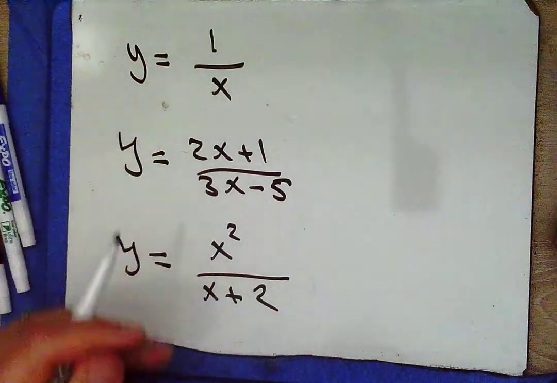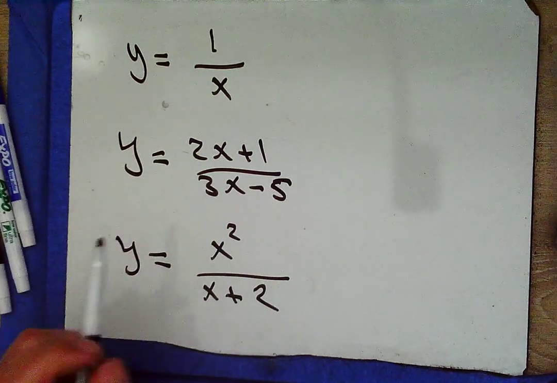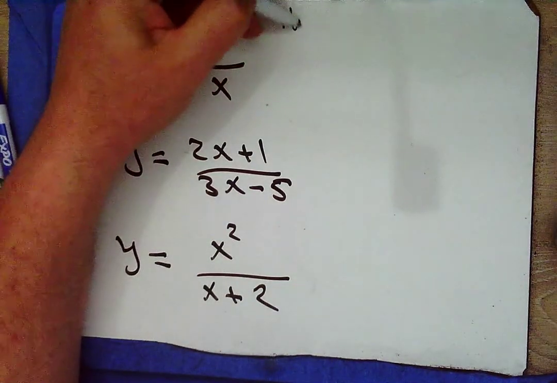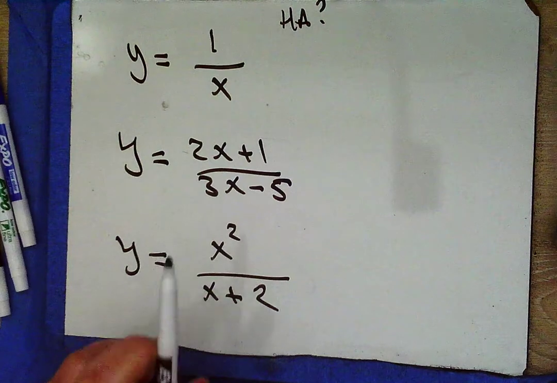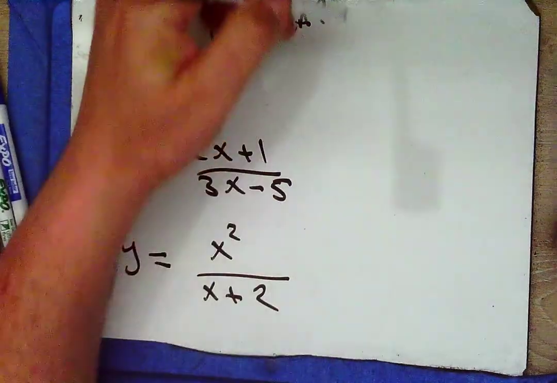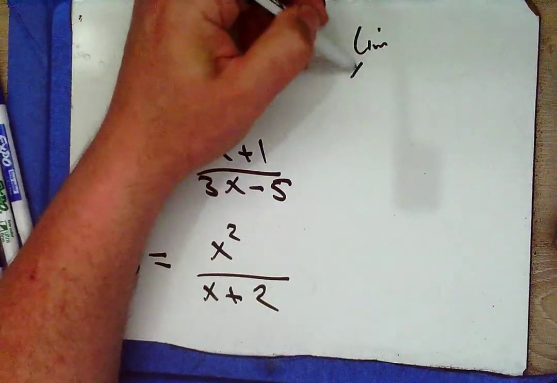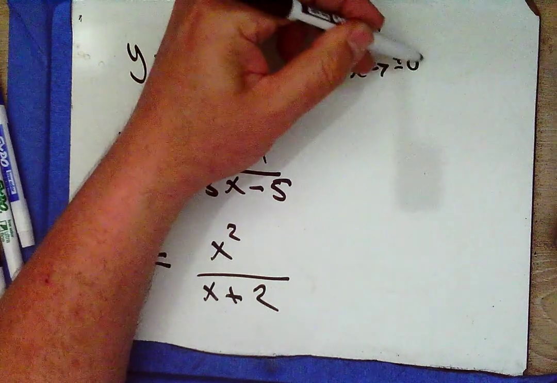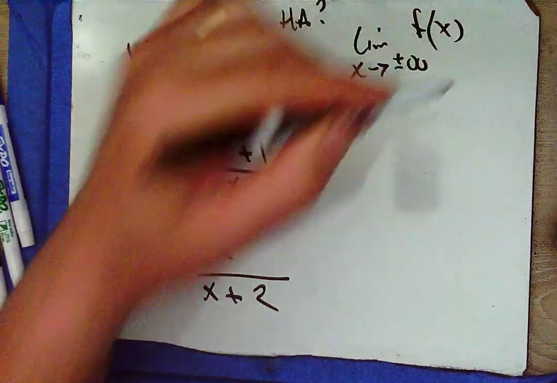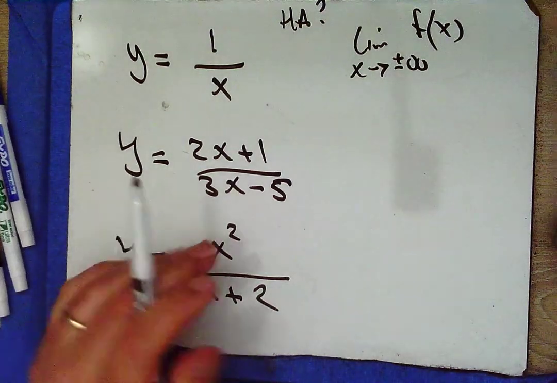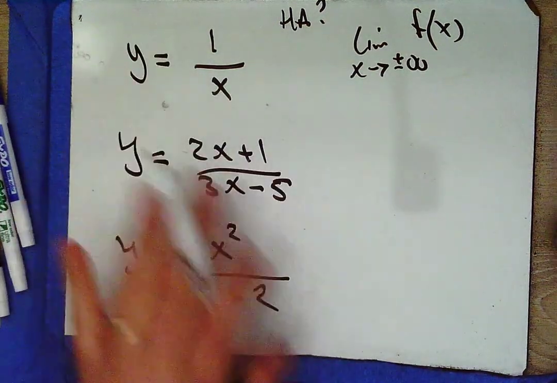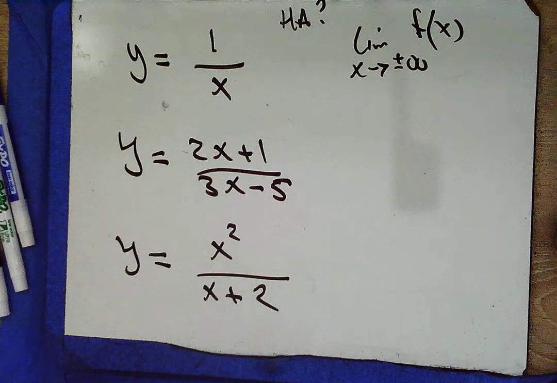In each of these cases, we had to figure out horizontal asymptotes, remember? Okay, so we now know that a horizontal asymptote is the limit as x heads to positive or negative infinity of that function. So we're going to come back and have this conversation about these horizontal asymptote options.